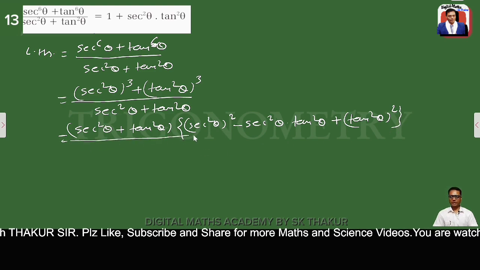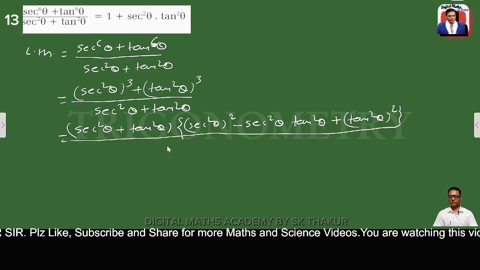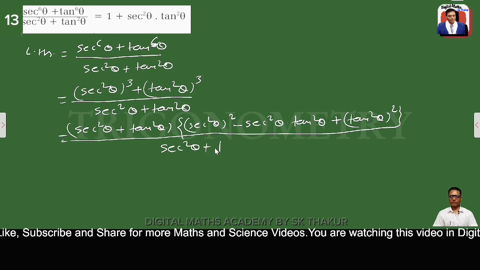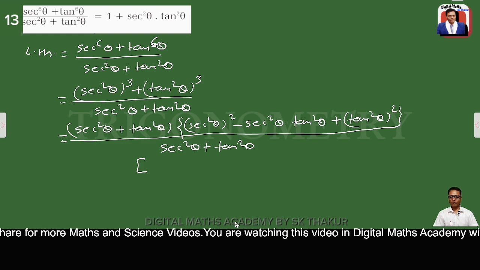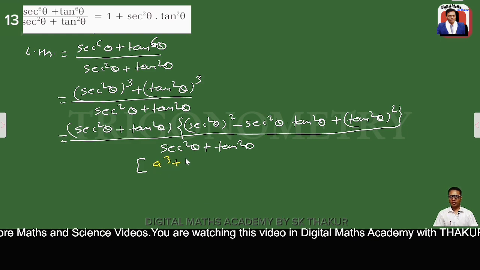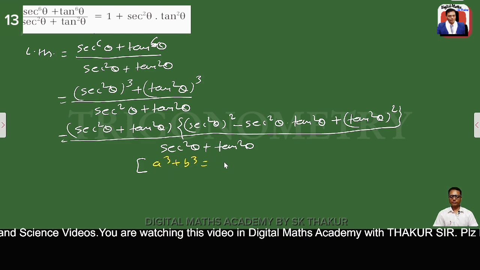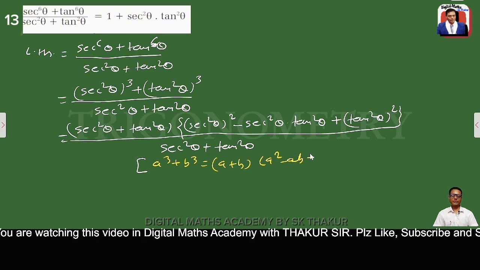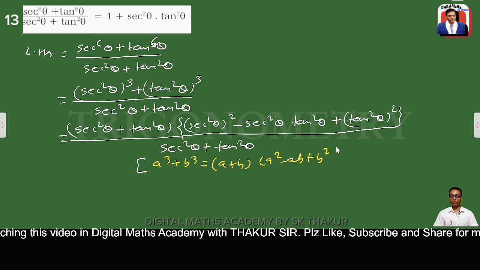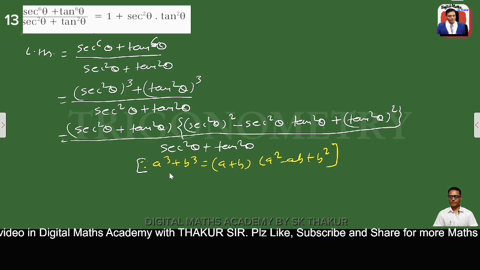And over, at the denominator we write here sec square theta plus tan square theta. So we know one formula. The formula is a cube plus b cube equals a plus b, a square minus ab plus b square. That's the formula. So we apply here this formula.